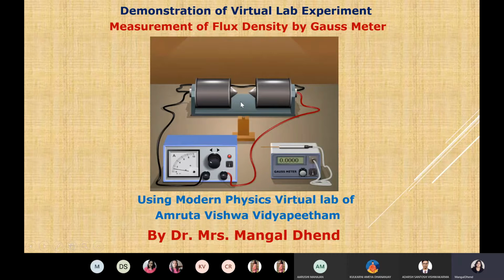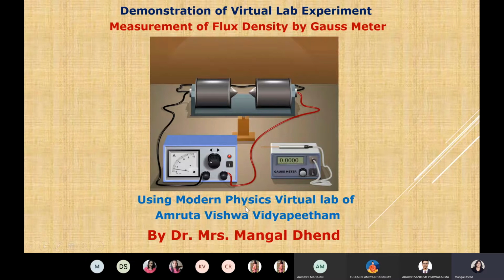If you use a permanent magnet motor, it will be permanent magnetic flux density, or when you pass electric current through this motor, then electromagnetic flux density will be produced. So keep this probe between the magnetic flux in such a way that the direction of magnetic flux and the direction of this strip are perpendicular to each other.